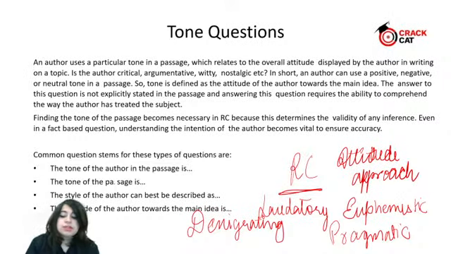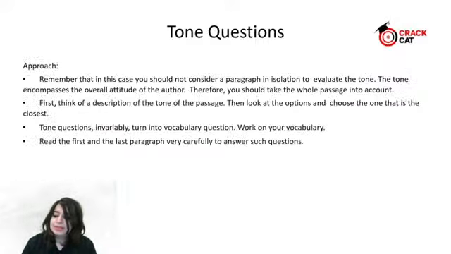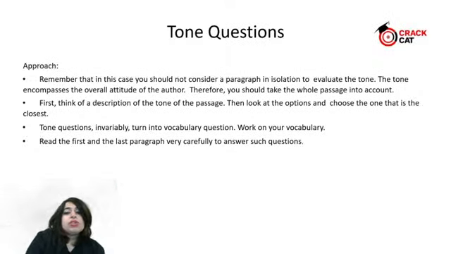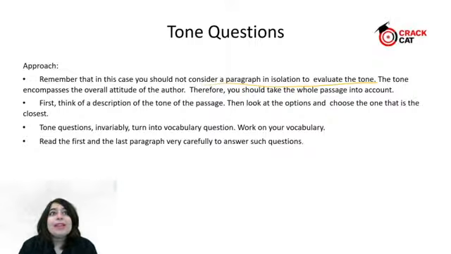The tone of the passage is, the style of the author can be best described as, the attitude of the author towards the main idea is. So, this is just asking you the tone. Now, what you should do is, you should not consider a paragraph in isolation to evaluate the tone. What you need to remember is you have to consider the passage as a whole. You have to think about the passage as a whole, and only then can you formulate your answer and then look for the options which are there.